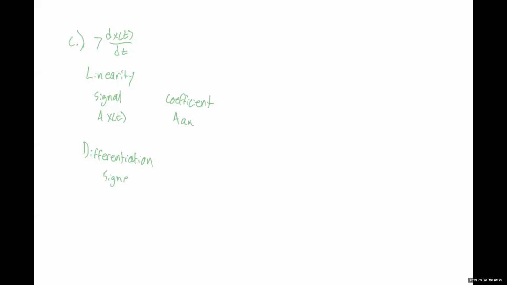Our signal dx of t over dt goes to, so in this case, we're going to use the definition where it uses the big T as the period, as that is what we know.